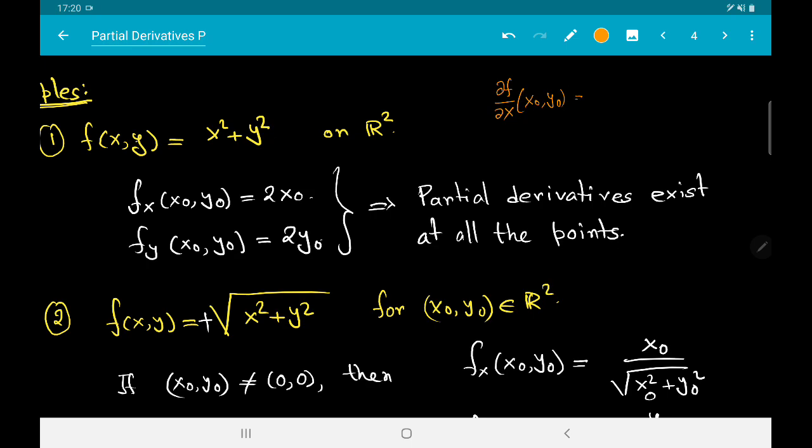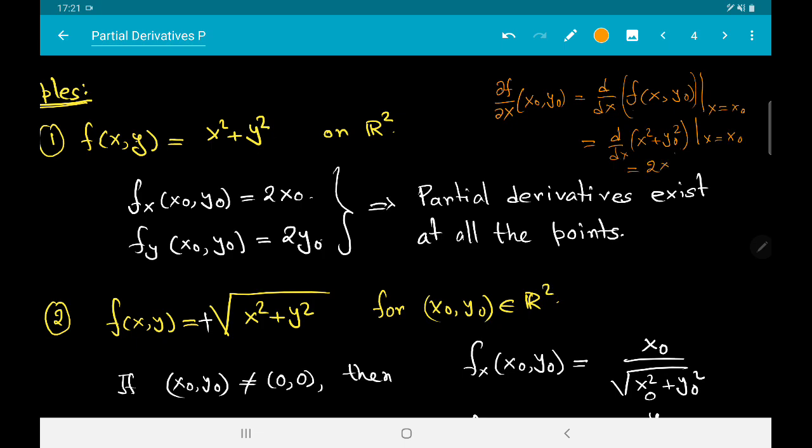What we do is take f of x comma y0, which becomes a single variable function. We differentiate with respect to x and then put x equal to x0. So what is this function f of x comma y0? It is simply x square plus y0 square, and it should be evaluated at x equal to x0.